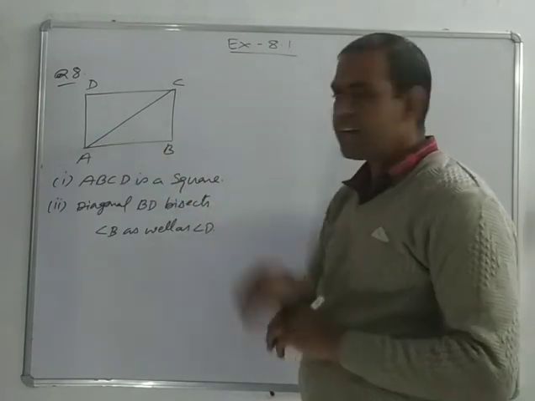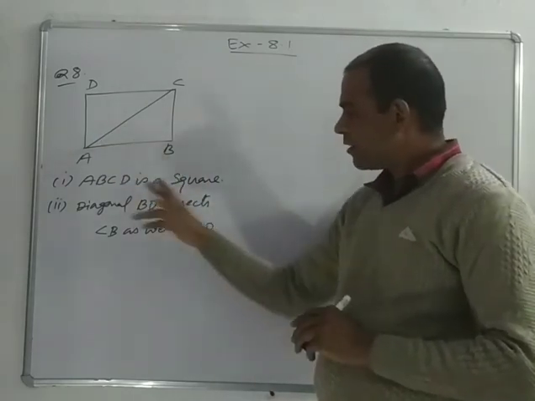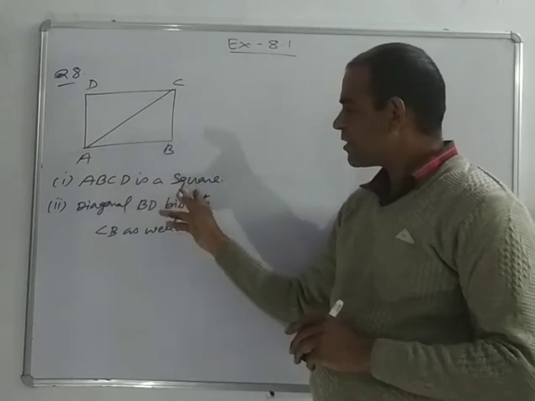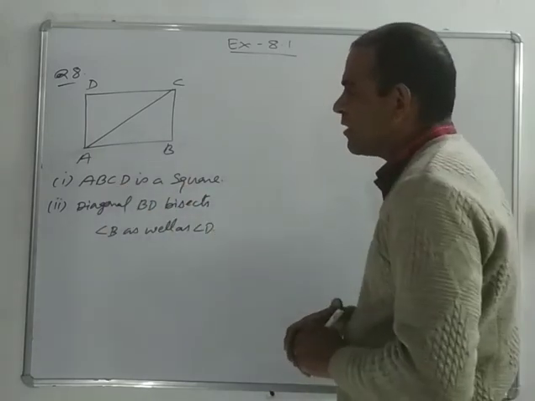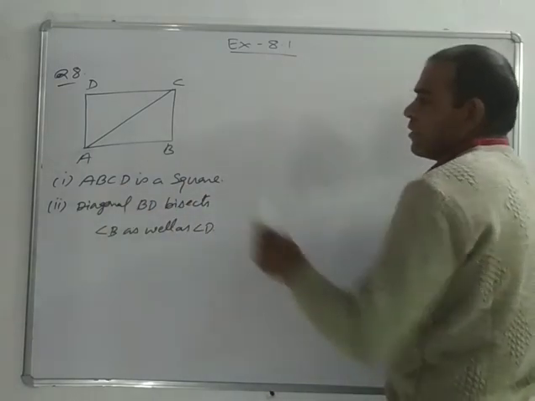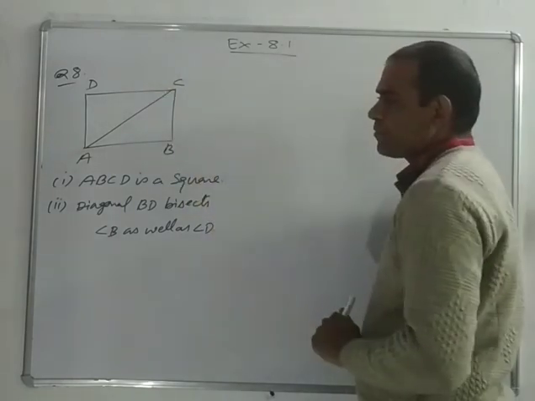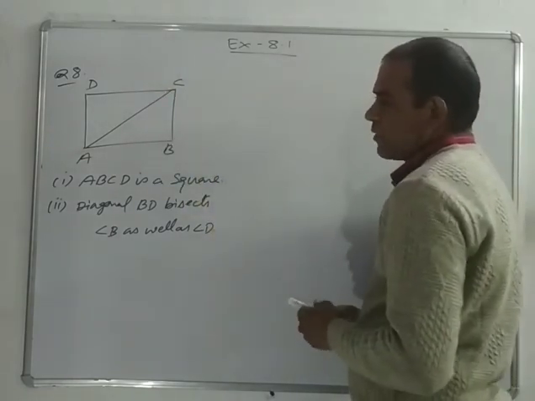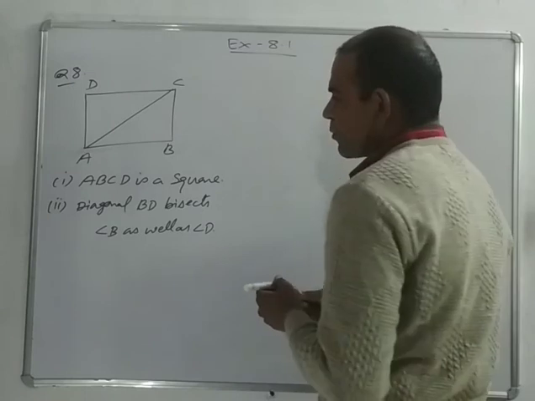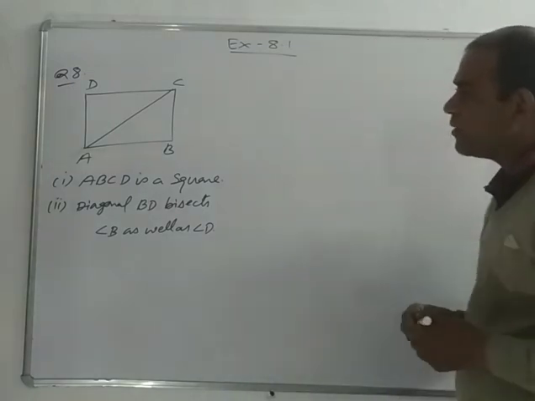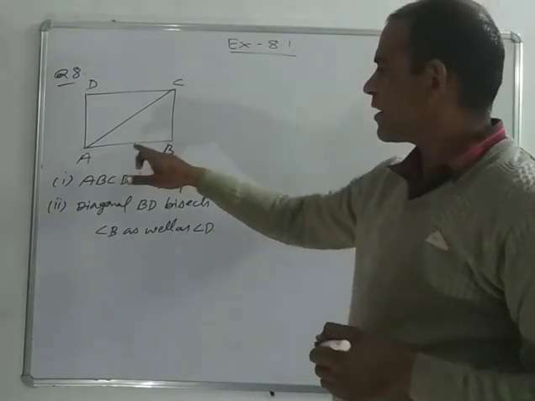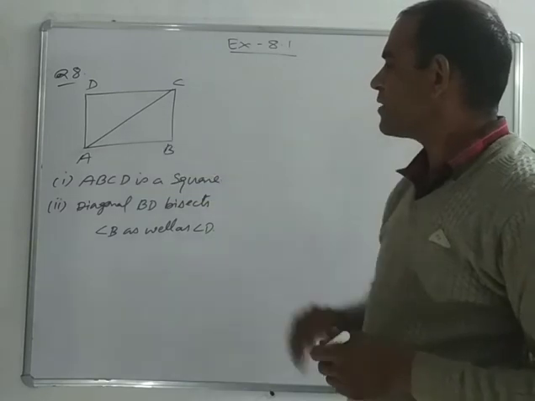All the angles are right angles. And we are proving ABCD is a square. For a square, all sides are equal. So for proving all sides are equal, we are taking the adjacent sides.